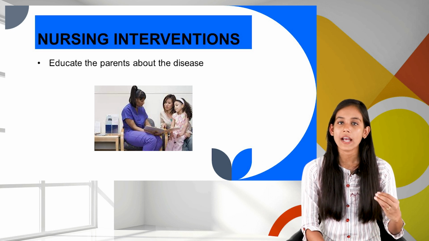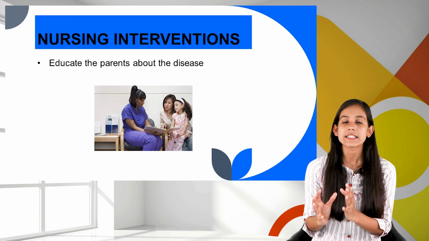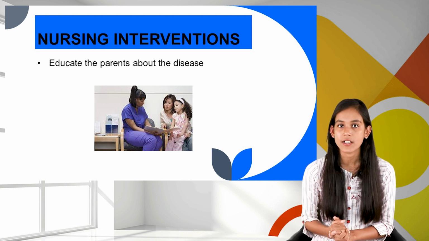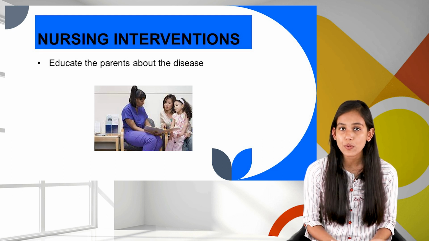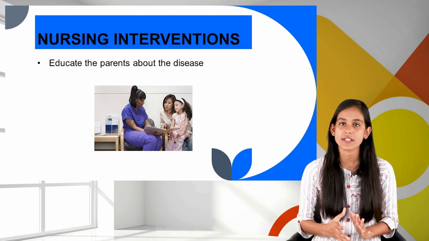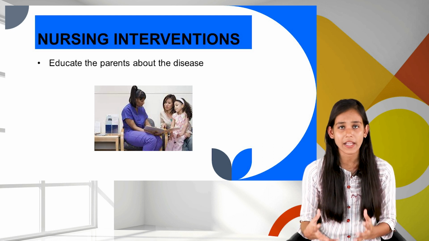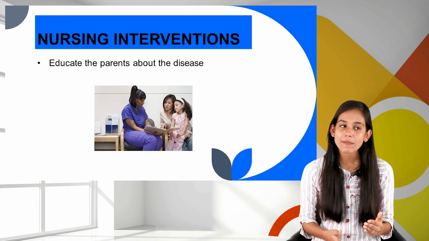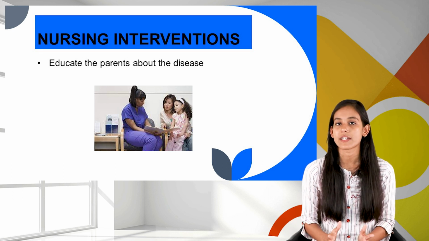As a nurse, it's your responsibility to make the parents understand that this is not a contagious disease. So once the symptoms subside, that is the fever, the rashes and the pain, the child can go to school, because it's not contagious.